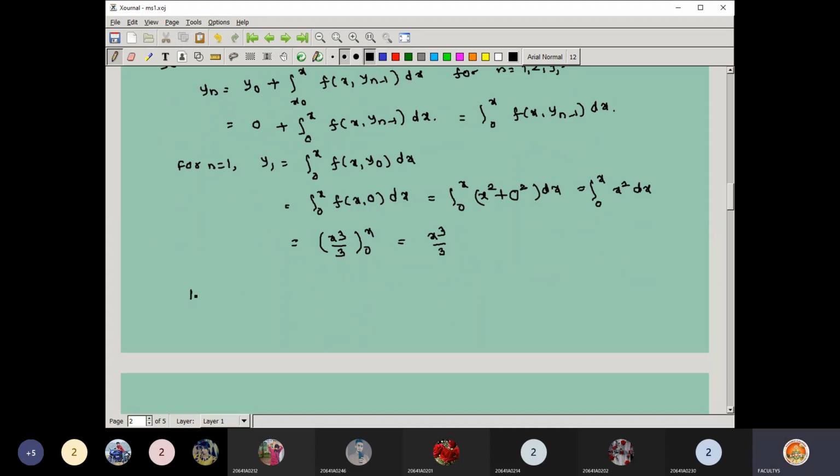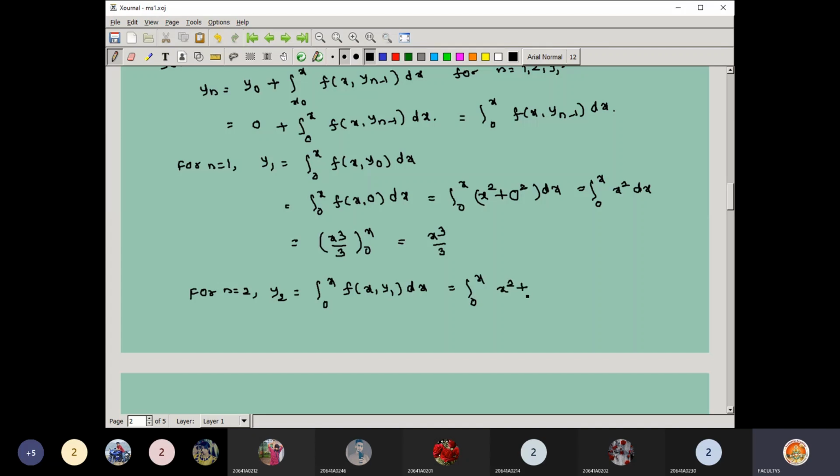Then you are moving to the second approximation, so I'm directly getting it for n equal to 2. The second approximation y2 is, directly in the formula, the integral from 0 to x of f(x, y_{n-1}), which is y1, dx. It is f(x, y) of the same type, so just substitute in your formula.